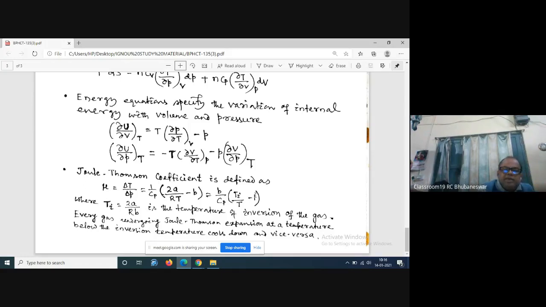This Ti is known as the temperature of inversion of the gas.